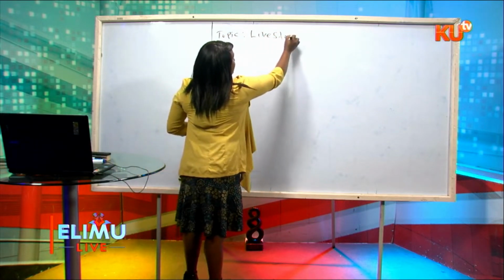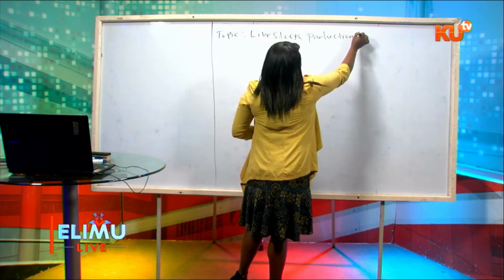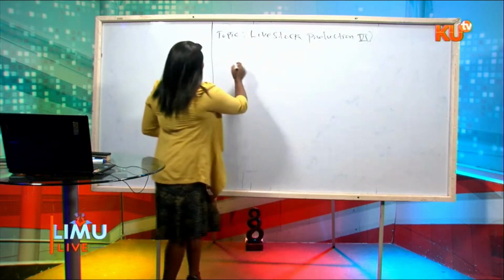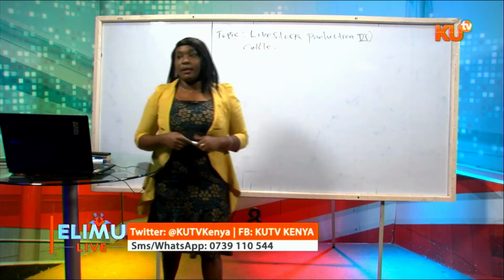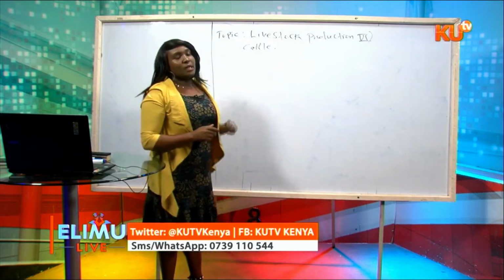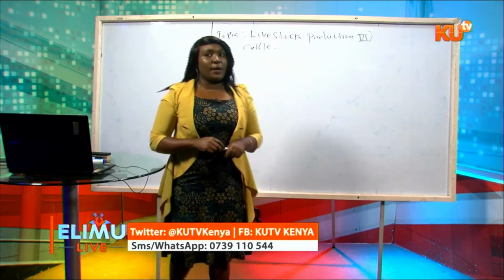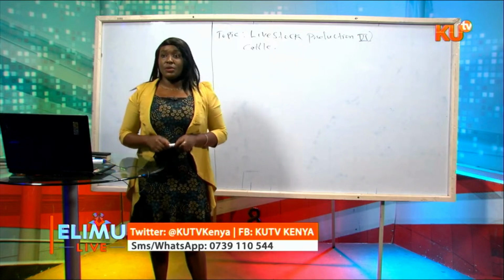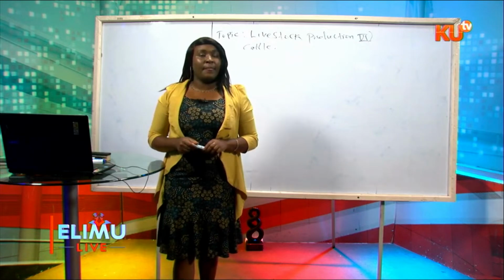The topic is livestock production 6, that is cattle. I would like to give you a background on what happens with this topic in terms of the KCSE, because this is a candidate topic in Form 4.